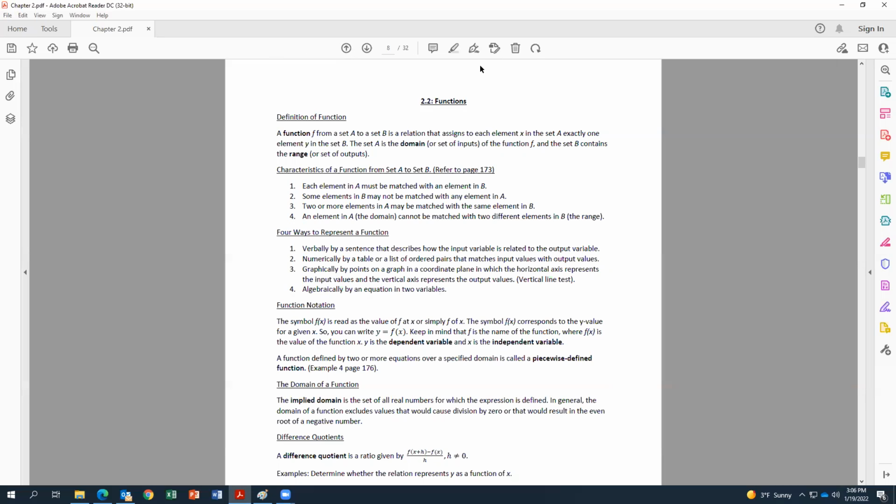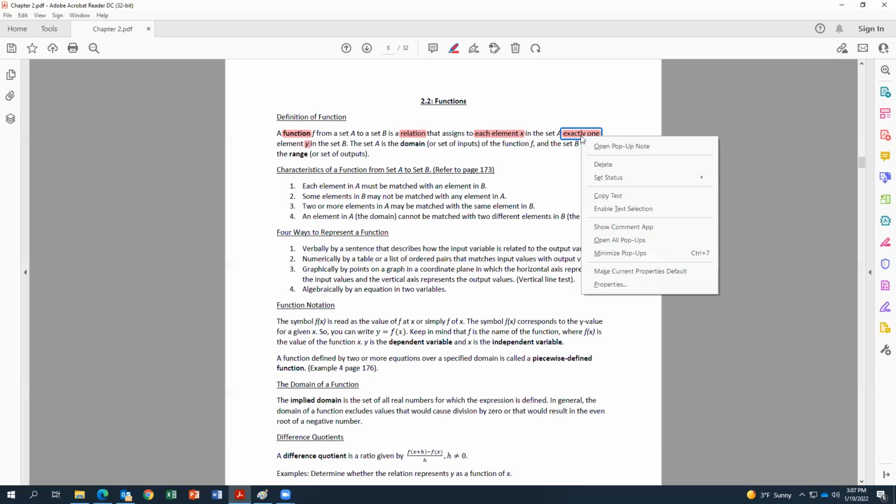So we'll talk about 2.2, which is functions here. So what is a function? A function is a relation between x and y. Usually a function is, and this is very important, where each element of x has exactly one element of y.